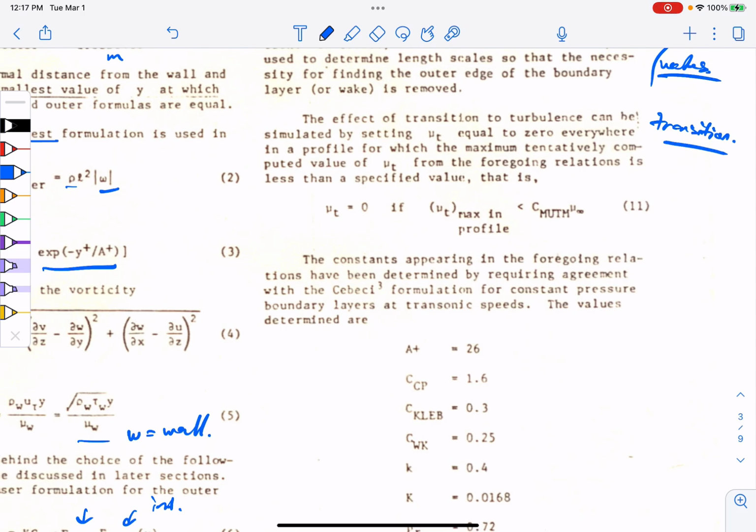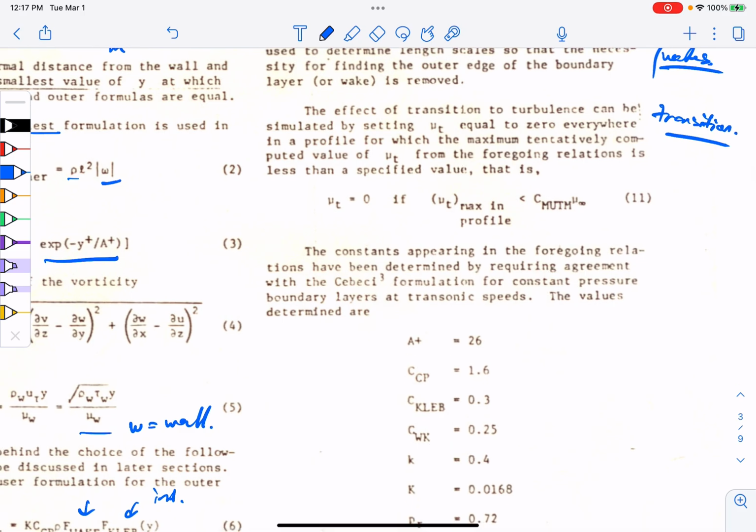He said the effective transition in turbulence can be simulated by setting nu t equal to 0 everywhere in the profile, where the maximum computed value of nu t from the foregoing relations is less than the specified value. So you see, even if you have an algebraic closure, you can always set the eddy viscosity to 0, and you should recover a laminar flow model.